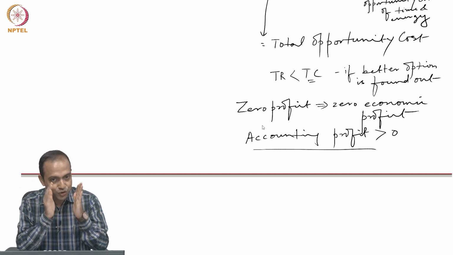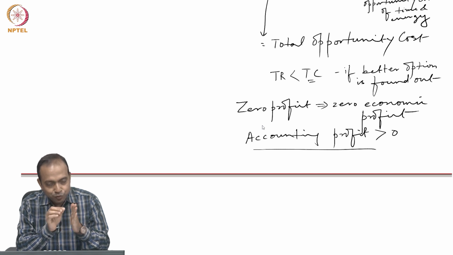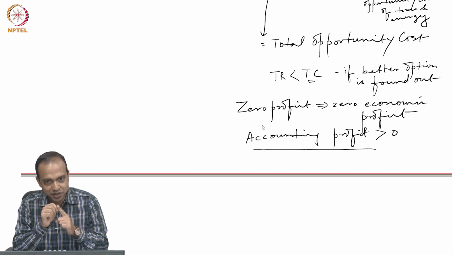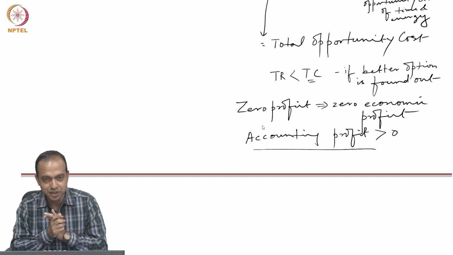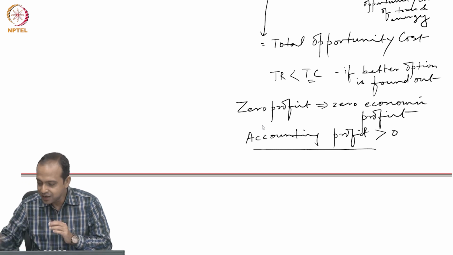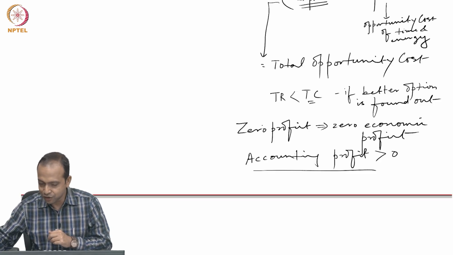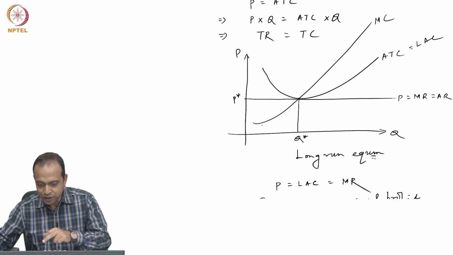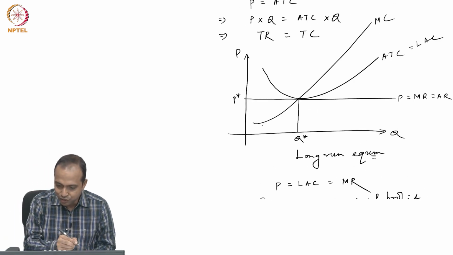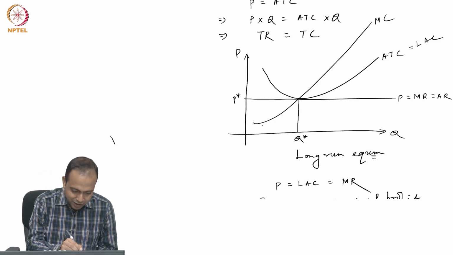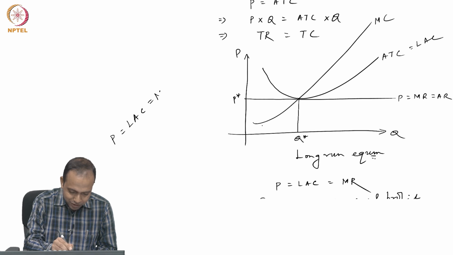So, that means in the short run the output and price determination is given by MR equals to MC, and since P equals to MR, we said that P equals to MR equals to MC. But in the long run, what is happening, P equals to MC is still there, but P equals to LAC equals to MC.